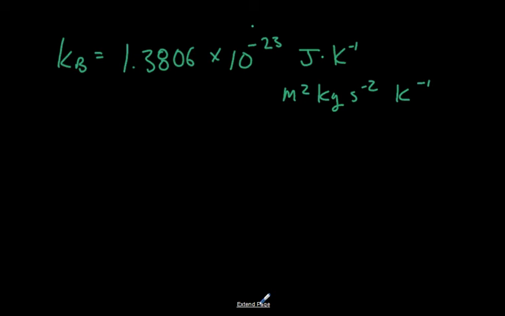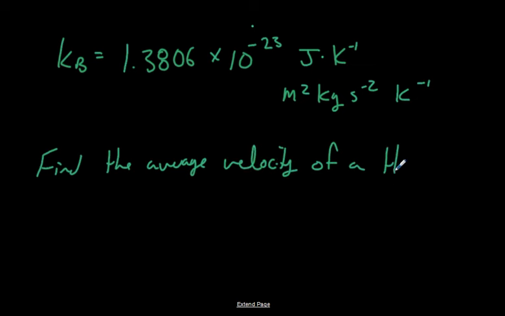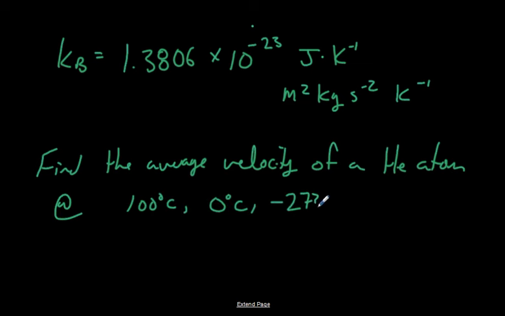So should we really quickly do an example here? Find the average velocity of a helium atom at 100 degrees C, 0 degrees C, and negative 273.15 degrees C. This only works if you're dealing in kelvins, so we need the Kelvin values for these.